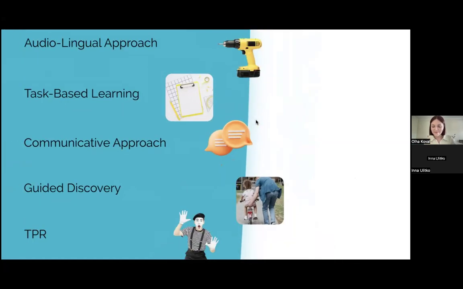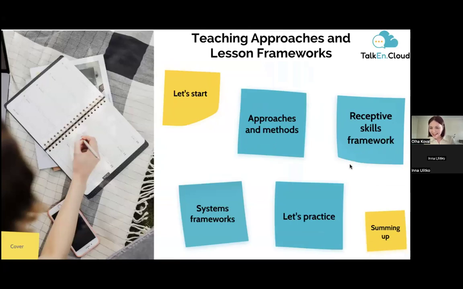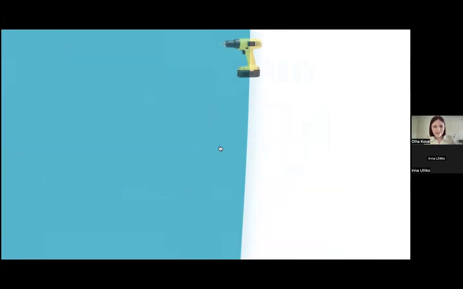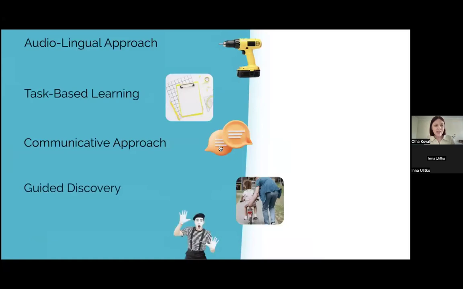Okay, thank you. Good. One, two, three, the most. That's audiolingual, task-based, communicative. Natalie, these ones are the most common in your classroom. Okay, thank you. Anna says TPR for children, TBL, and audiolingual.